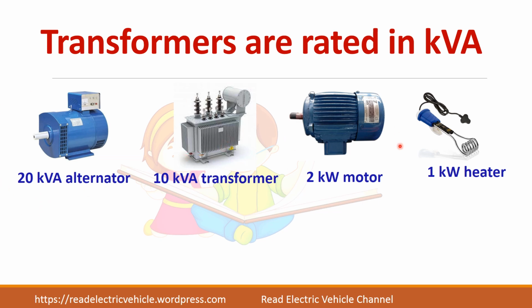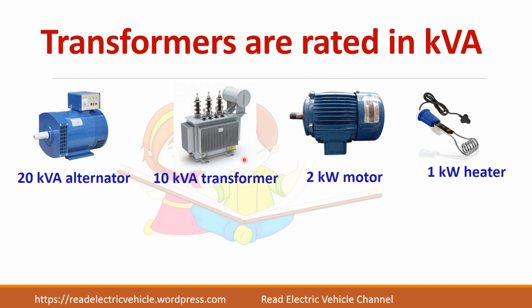So what is the difference? Here you know what work the motor is going to do and what this heater is going to do. So it is specified in kilowatt, or if you know the power factor of these things, you can mention it in kilowatt. But for transformer and alternator, we don't know what type of load will be connected.